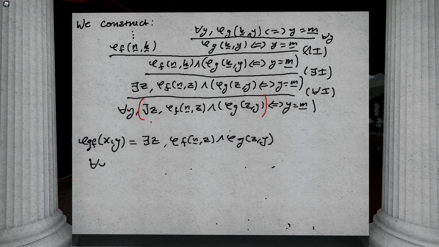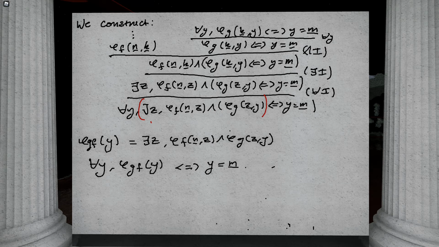And then what I need is for all y, phi gf xy, if and only if y. Oh, why does this even have an x in it? Okay, there's no x there. If and only if y is equal to n. Right? So can you see it?